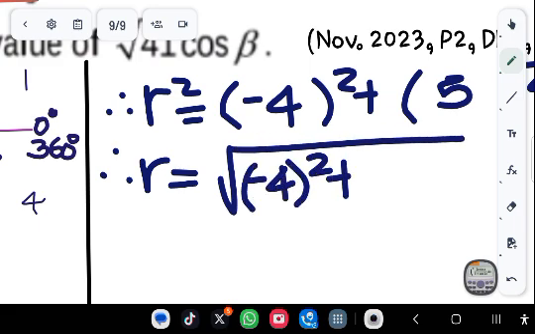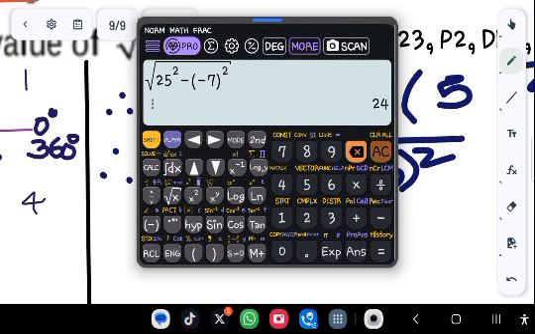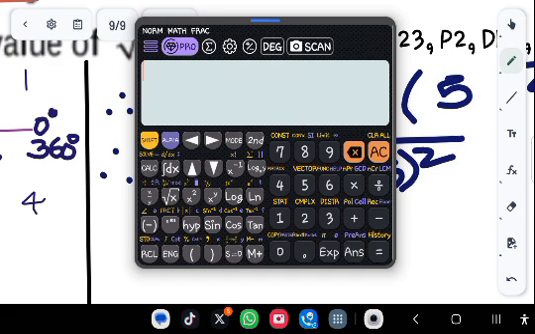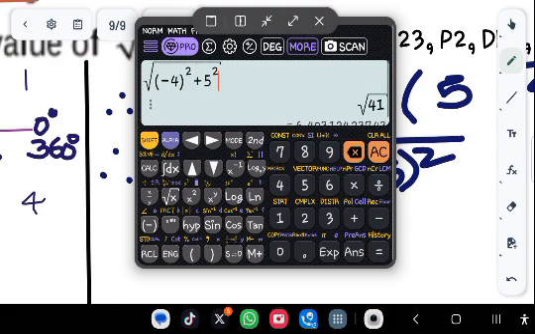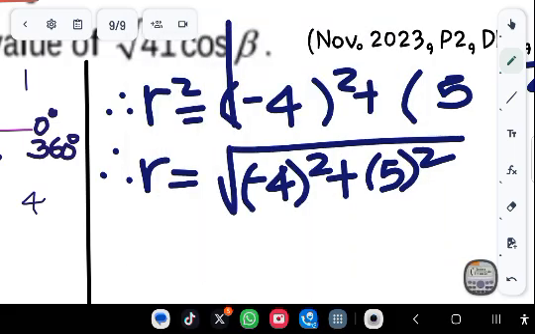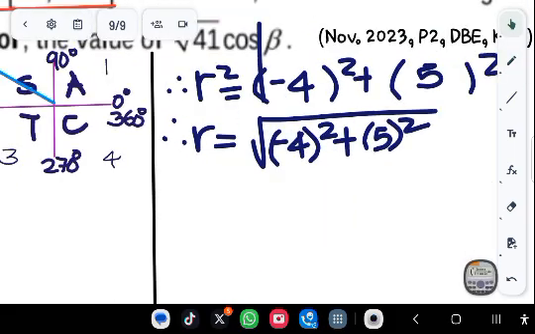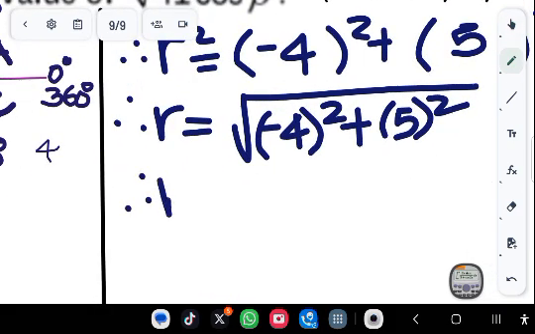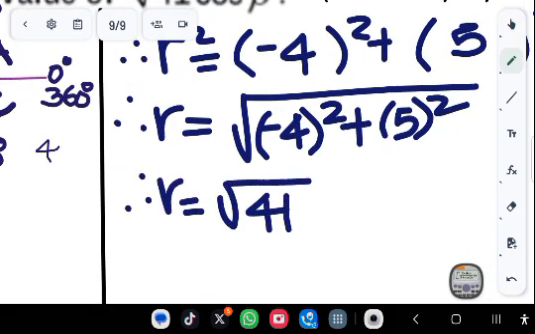It will always be positive. Take out a calculator. That's the square root of negative 4 all squared plus 5 all squared, and that gives us the square root of 41. Therefore, r equals the square root of 41.